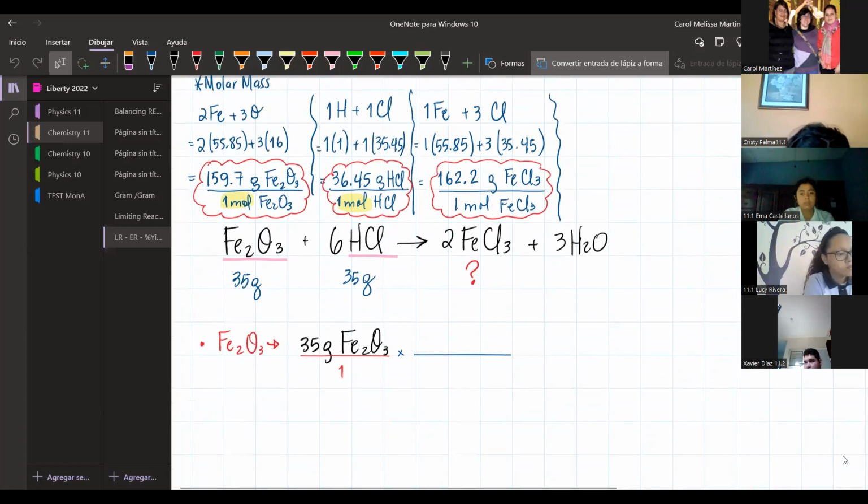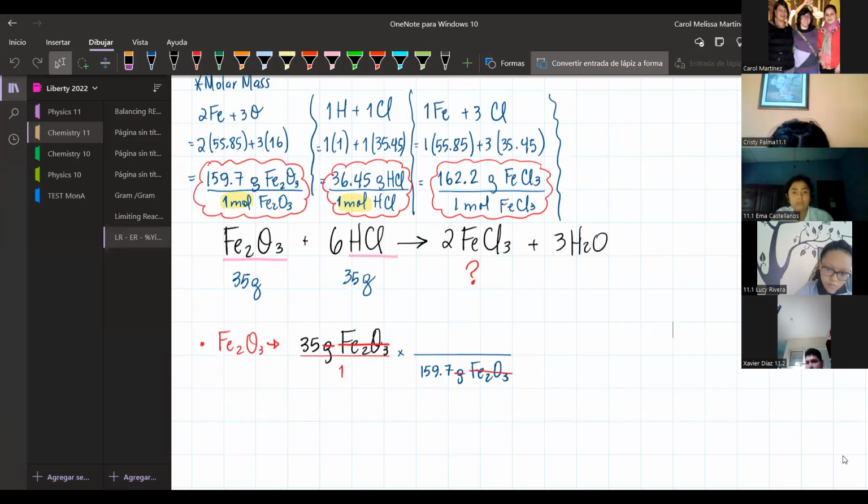So the molar mass of iron 3 oxide is 159.7 grams of iron 3 oxide. Remember, you must get rid of the units, grams with grams, and iron 3 oxide with iron 3 oxide. It's not just about getting rid of the units. Don't be lazy. Write all the units.